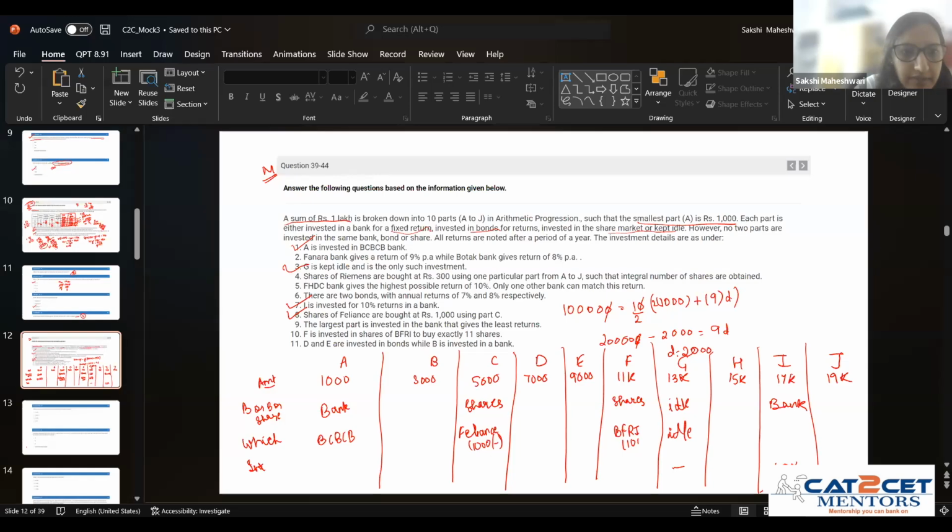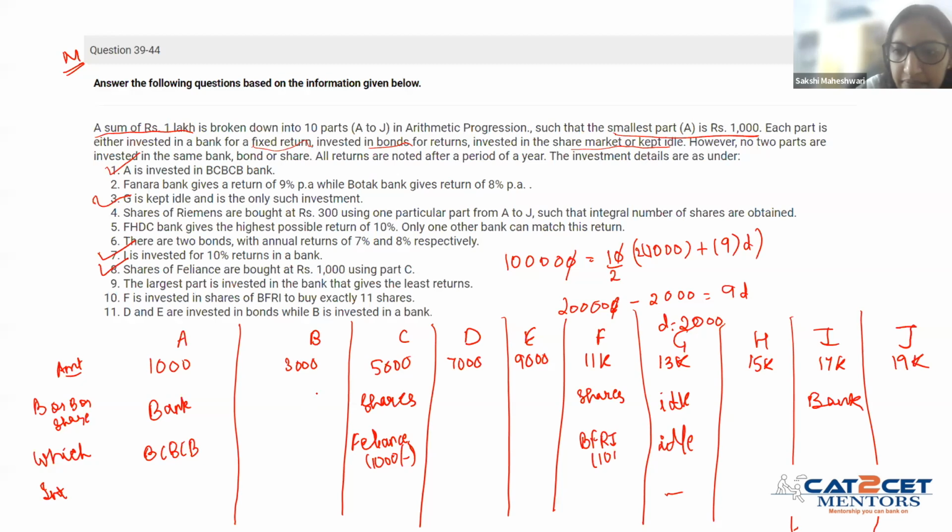Oh, I don't know. Can you guys see the information? This was bank. This was also bank. This was shares. This is Siemens. 300 each. So 500 shares. 50 shares, sorry.